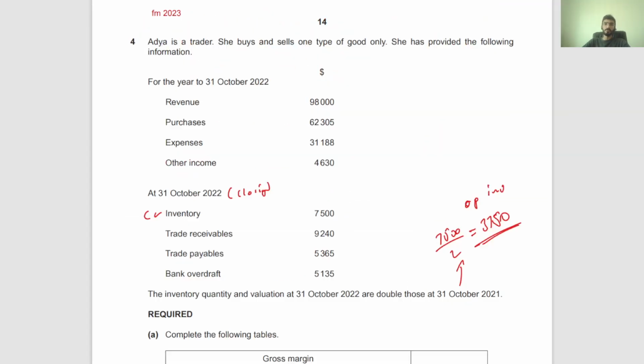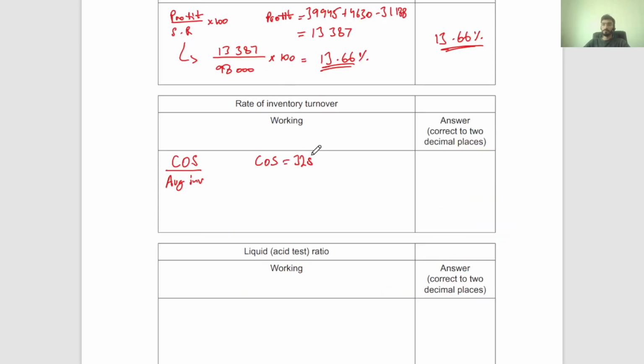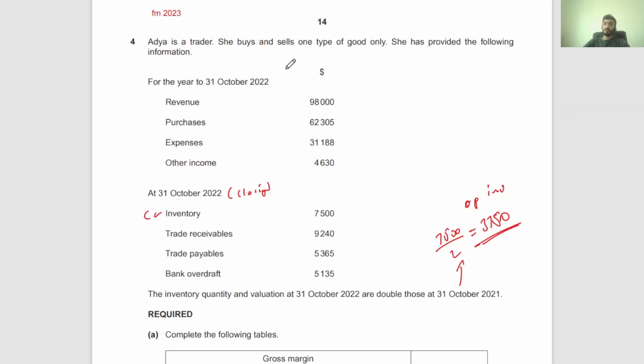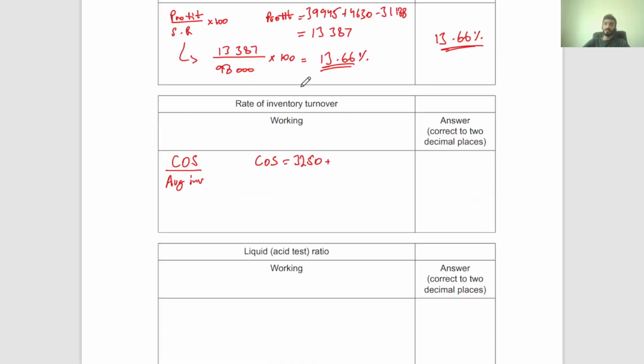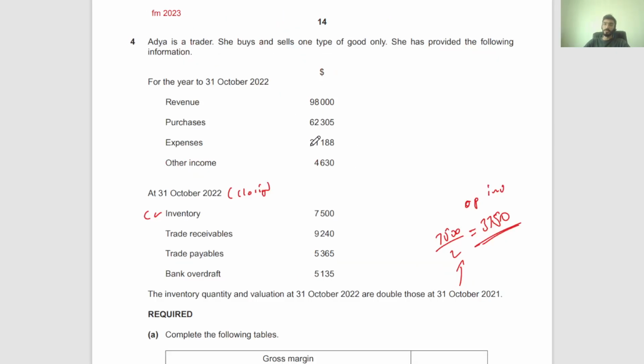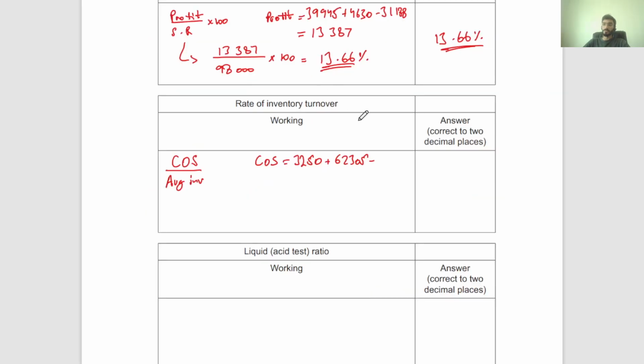Let's just do that again. 3250 opening inventory plus purchases of 62305 minus closing inventory of 7500, which gives us cost of sales of, let's see, 3250 plus 62305 minus 7500, 58055. That's cost of sales.